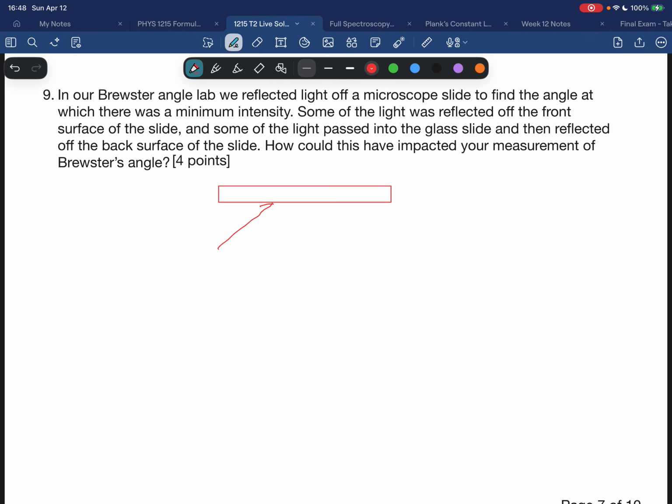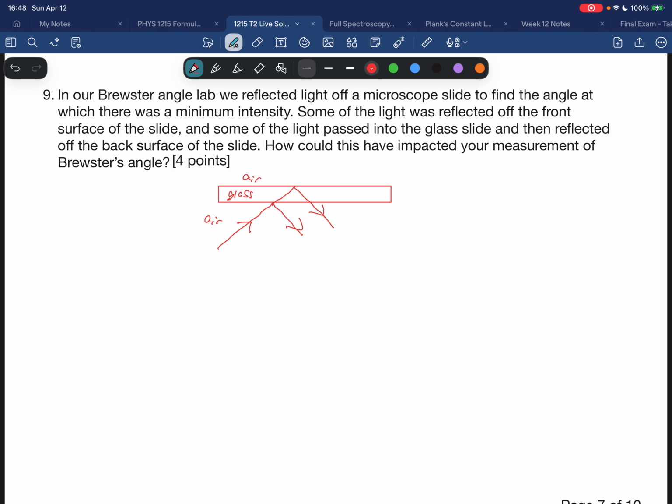is that some of the light, and actually, I'm going to do this. Some of the light would bounce off the front, and some of the light would bounce off the back. Now, in Brewster's angle calculations, the order of what material you're going through matters. So this is air, this is glass, and this is air.